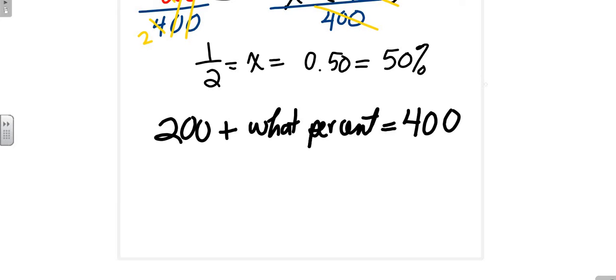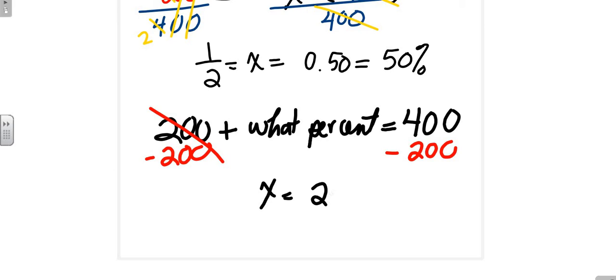Okay, so what we do here is we're going to minus 200 because the opposite of addition is subtraction.